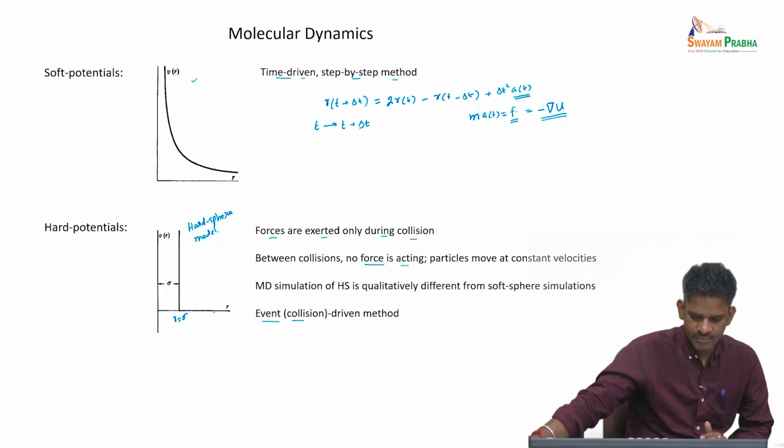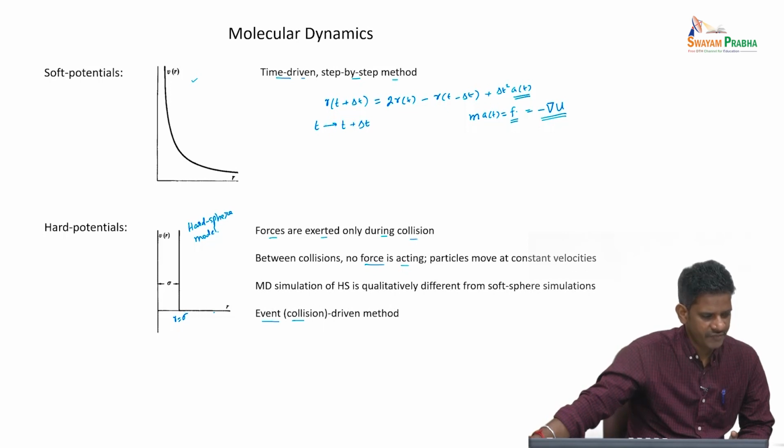The same approach cannot be used in MD simulation of hard spheres, because there is no force acting between collisions. Forces are acting only during the collisions. Between two collisions the particles are moving at a constant velocity, because the potential, as you can see here, is felt only when there is a collision and none otherwise.